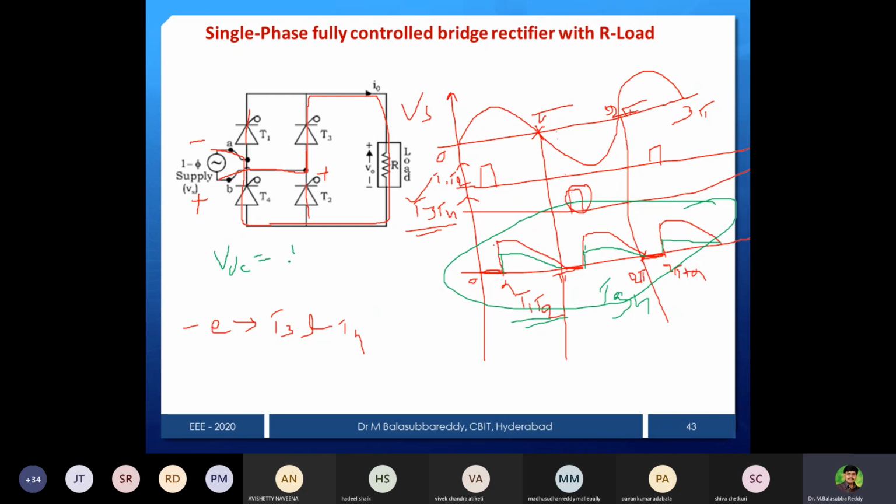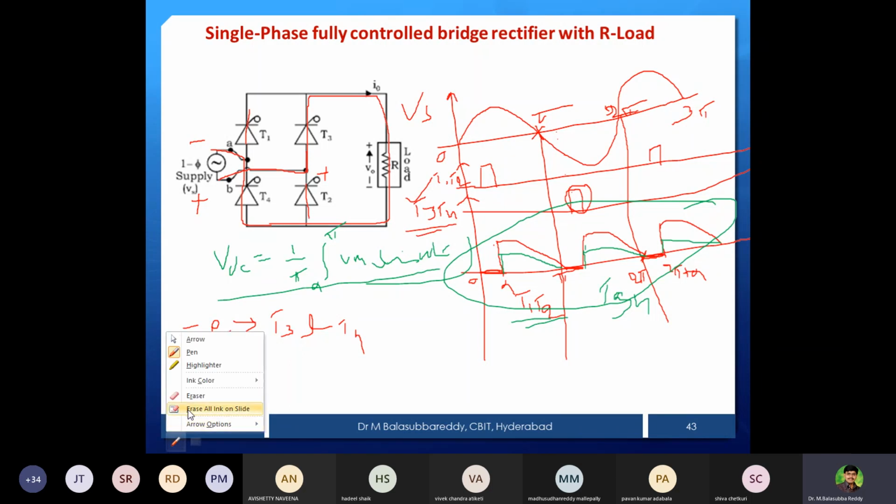That is equal to 2 by 2 pi, in the sense 1 by pi, integral alpha to pi of Vm sin omega t. So that means you'll get the same magnitude. So this is the case for R load.